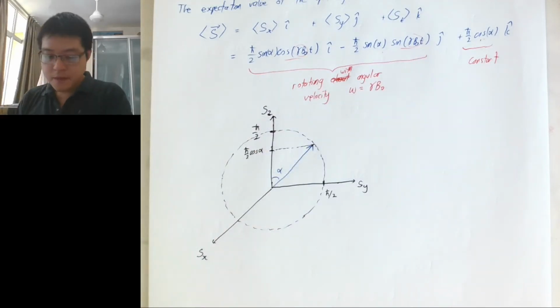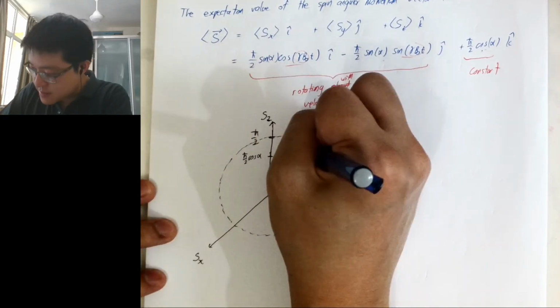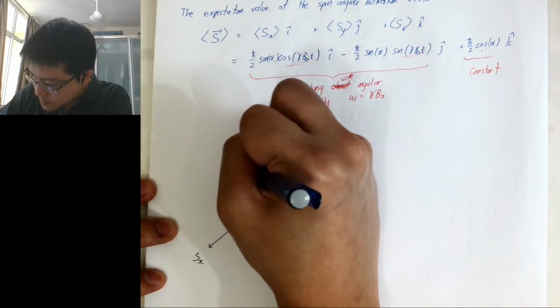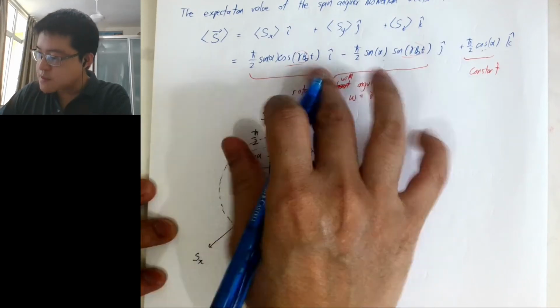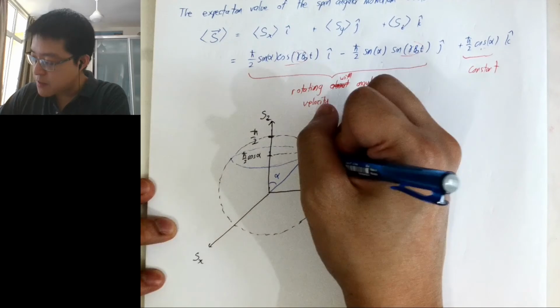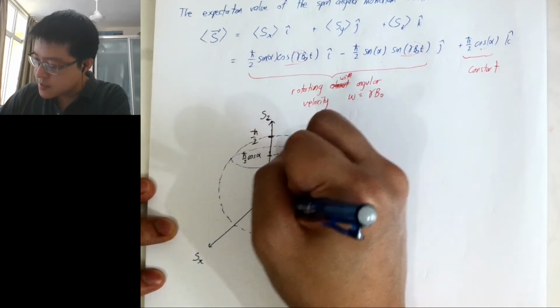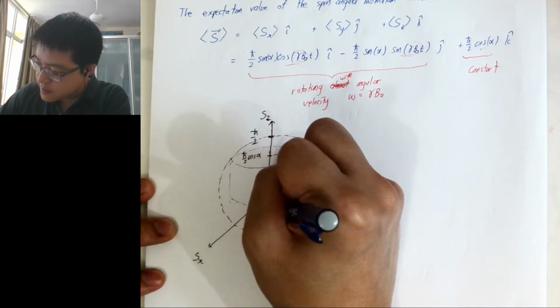Can you see? And then the x and y coordinates are precessing. So this is a rotation about this axis. If you just project this down to the xy plane, you can see the shadow of this picture. It is just a circular motion in the xy plane.